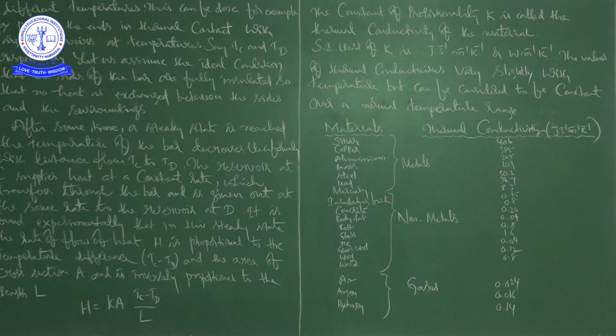Concrete's value is 0.8, which is almost high enough that in summer we can't sit comfortably on roofs made of concrete.